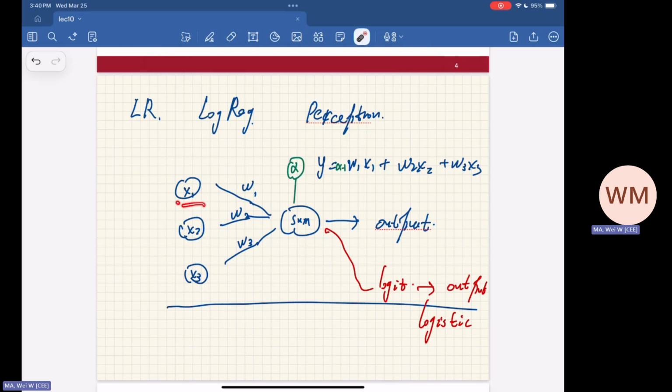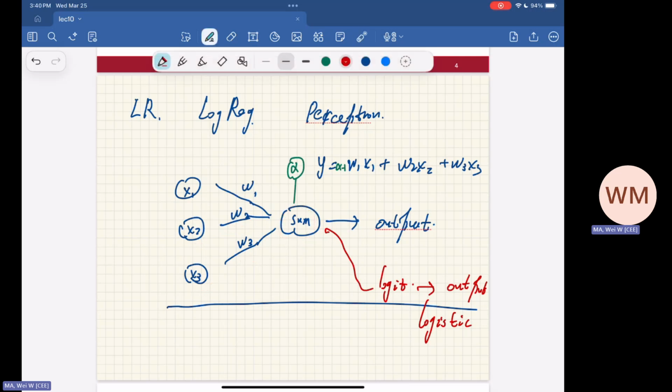It's also W1 x1, W2 x2, W3 x3, and your sum, and then you input it into a step function. The step function gives you an output of either 0 or 1. It says if the input is greater than 0 the output is 1, and if it is smaller than or equal to 0 the output is 0.